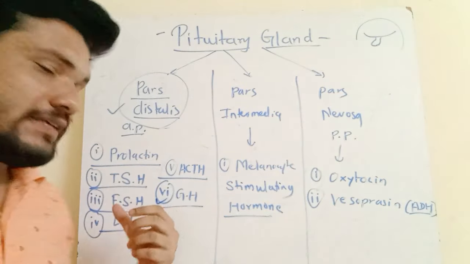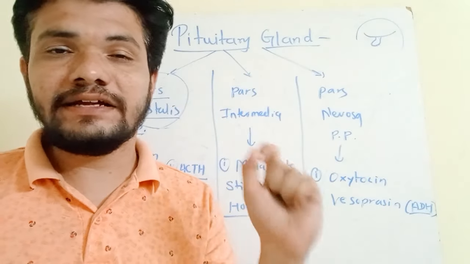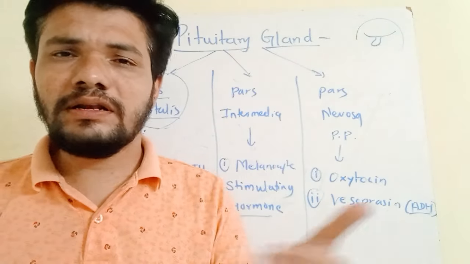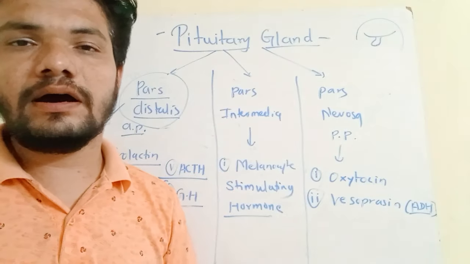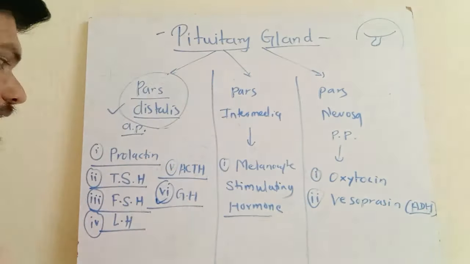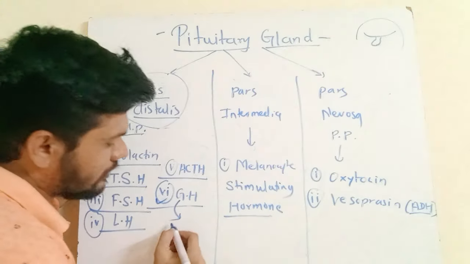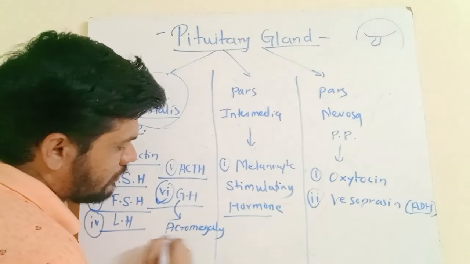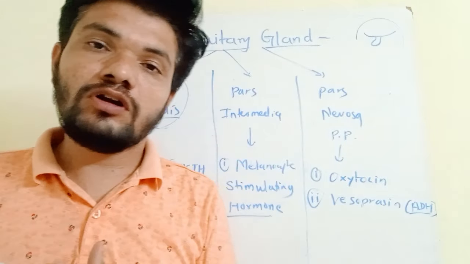If it is excessively secreted, it will lead to gigantism. If it happens during adult age, it is called acromegaly. So excessive secretion of growth hormone will cause acromegaly, which leads to severe disfigurement of the face.